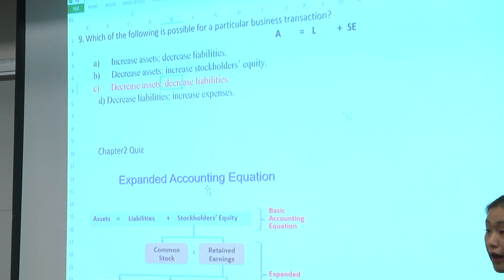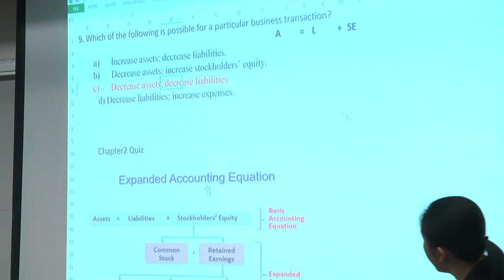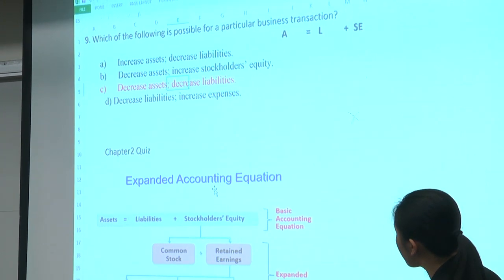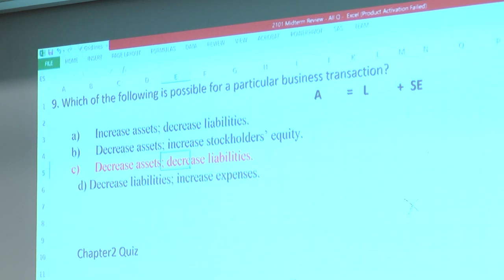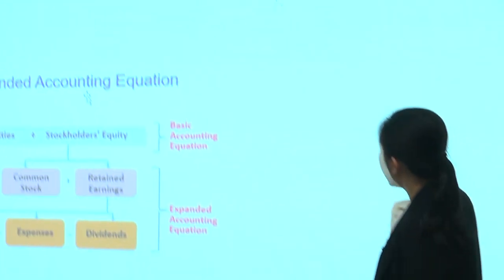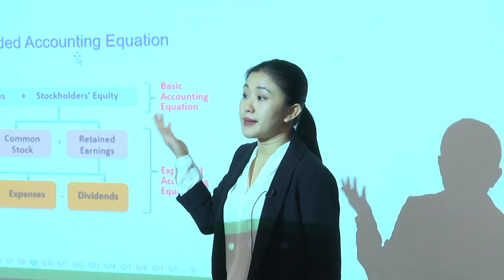All right, now we move on to chapter 2. Which of the following is possible for a particular business transaction? It's hard to just look at the choices and come up with a transaction to show that it is possible. The correct way of doing this question, at least what I do, is to think about what is impossible.